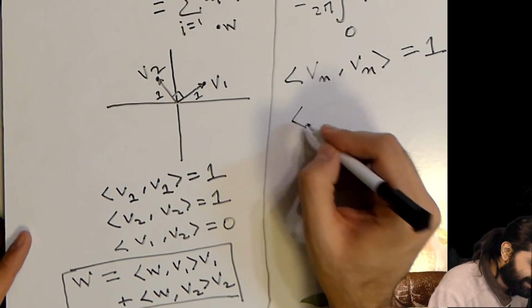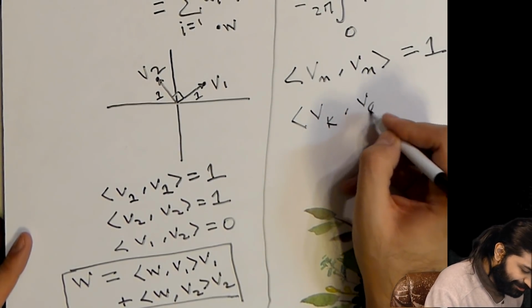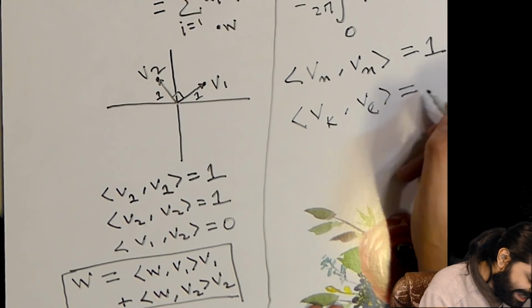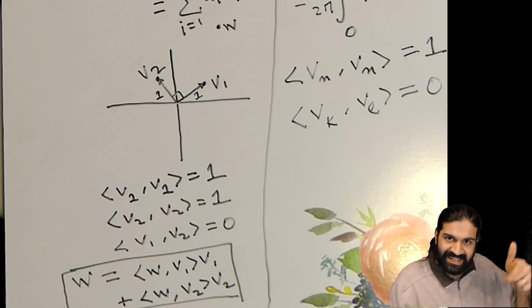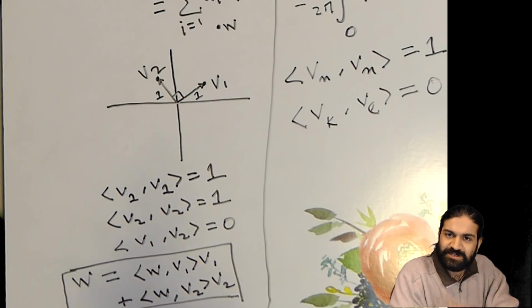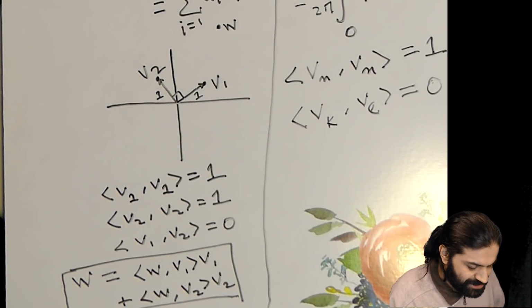Also, if you take the inner product of v_k with v_l, where k is not equal to l, you will always get 0. So it seems like all of those paths, all the v_n's that I made, are at right angles to each other in infinite dimensional space, just like these are at right angles to each other.